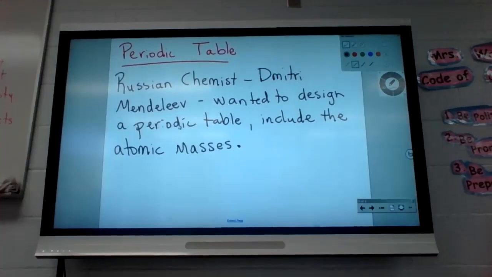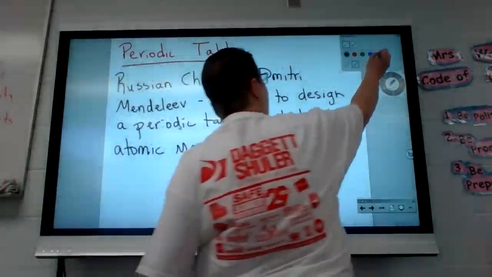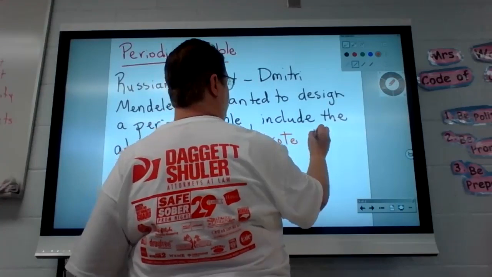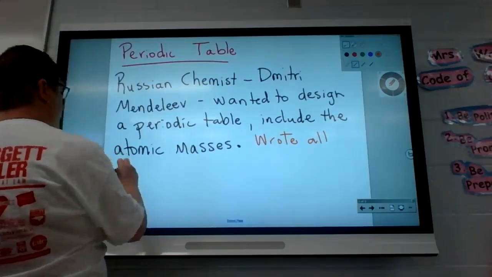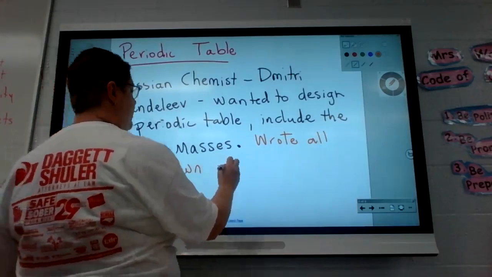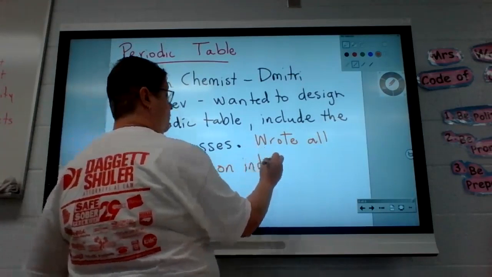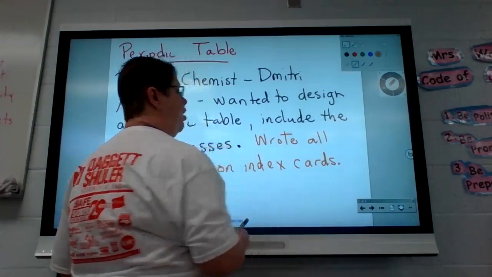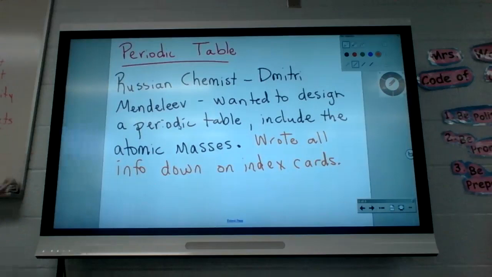So, he went about this by writing everything down. He wrote all the info down on index cards. Now, they might not have been called index cards at that time, but I'm calling them index cards just for the sake of simplicity. You guys can relate to index cards.